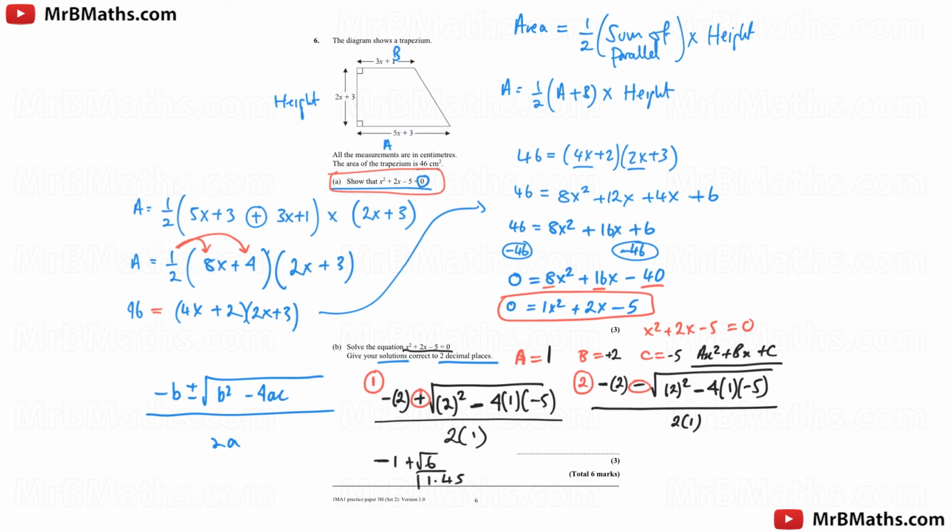So that's one solution. Now for the negative, I get minus 1 minus root 6. Pushing SD will give me negative 3.4494, which to 2 decimal places is going to be negative 3.45.